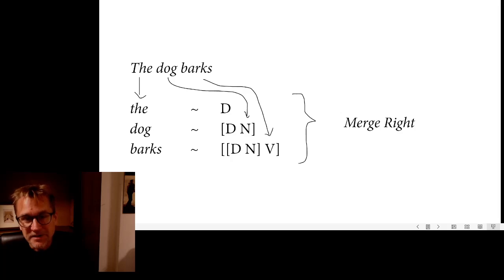We do something, then we process dog, we do something, we process the verb barks, and we do something. And when I say we do something, I'm talking about what linguists would call cyclic computations, which means that we are applying the assembly operations immediately after these words have been detected and consumed from the input.